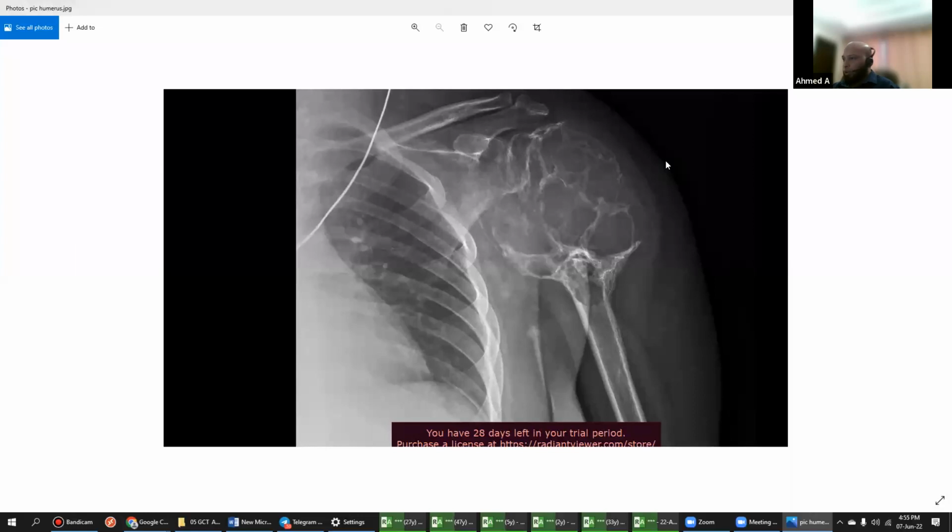Now can you see anything? Yes, I can. You can describe. So this is the frontal radiograph of the left shoulder.